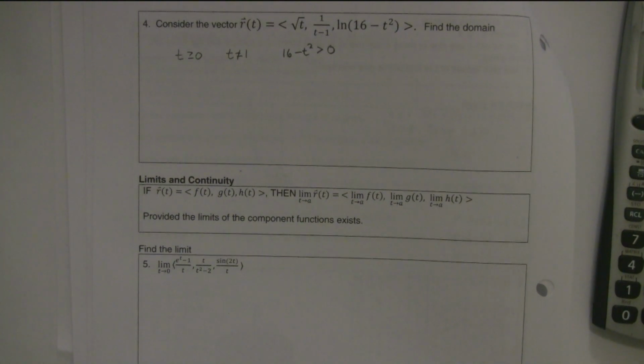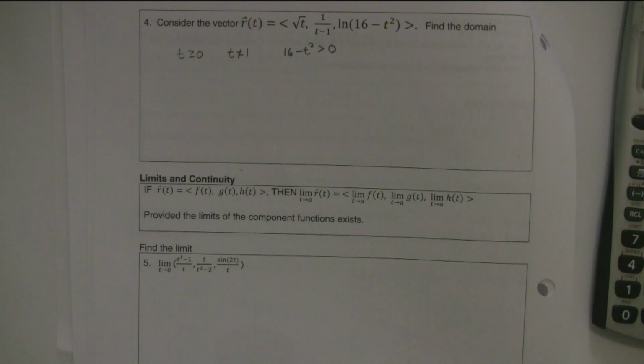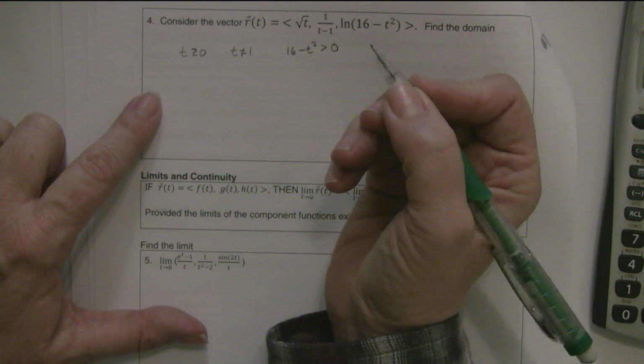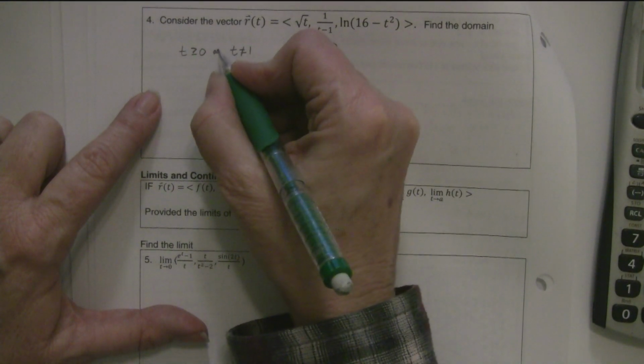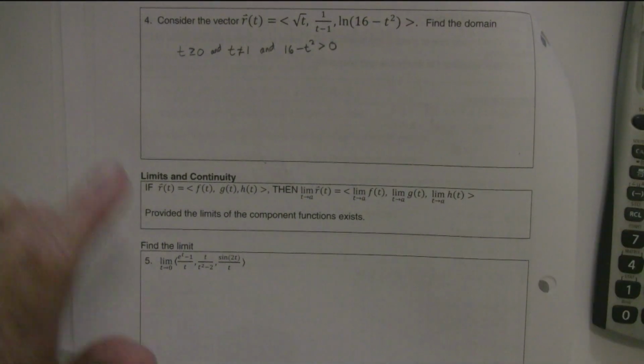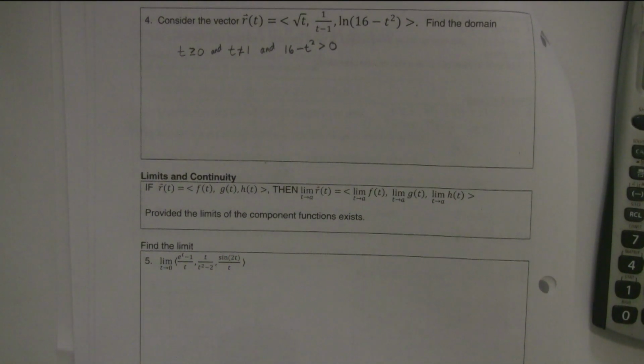And in order to find the domain here, we want to solve these three, and there's an "and" in between. It has to meet all three conditions. So it has to be greater than 0 and not equal to 1, and 16 minus t squared has to be greater than 0.